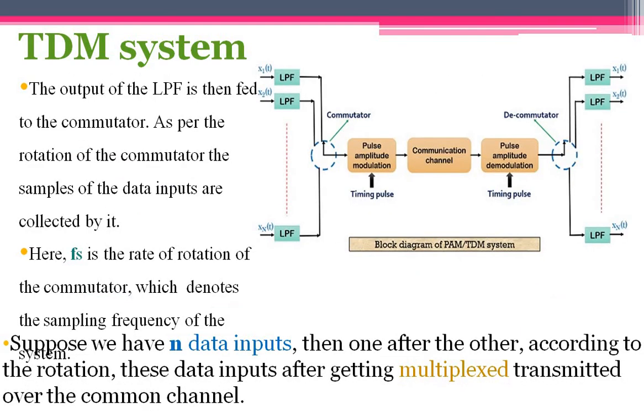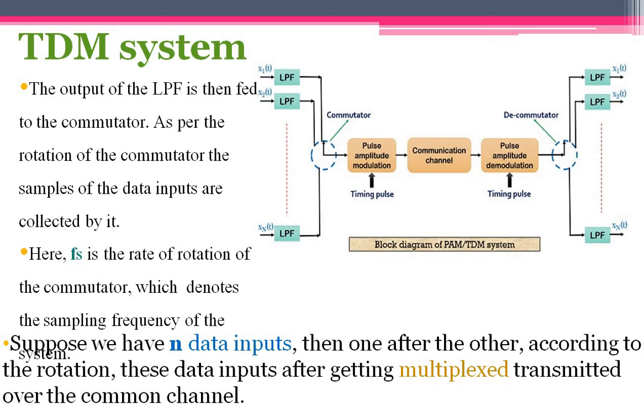Now see, the output of these low pass filters is fed to the commutator. As per the rotations of the commutator, the samples of the data inputs are collected by it. All these data are given to the commutator. The commutator is a type of rotational unit, a rotary electrical switch with particular time durations.